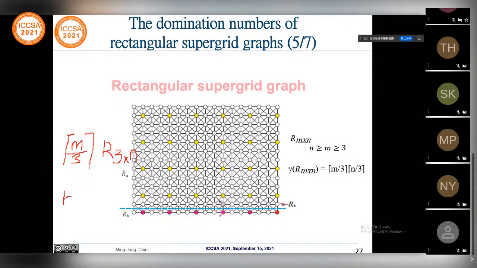So the gamma of rectangular 3 by n is floor of n divided by 3. So the gamma of rectangular n by n equals floor of n divided by 3 times floor of n divided by 3.